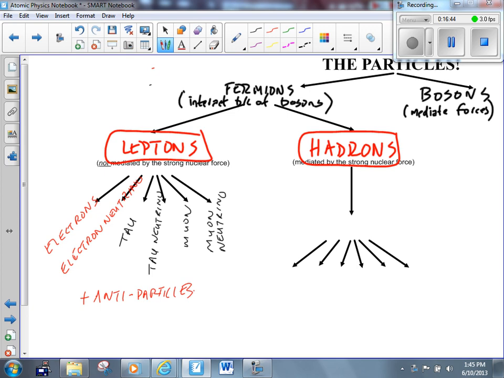The antiparticle of a neutrino is an antineutrino, an electron antineutrino, an anti-tau, an anti-tau neutrino, an anti-muon, an anti-muon neutrino. We need to be familiar with the electron and the electron neutrino, the positron, and the anti-electron neutrino.